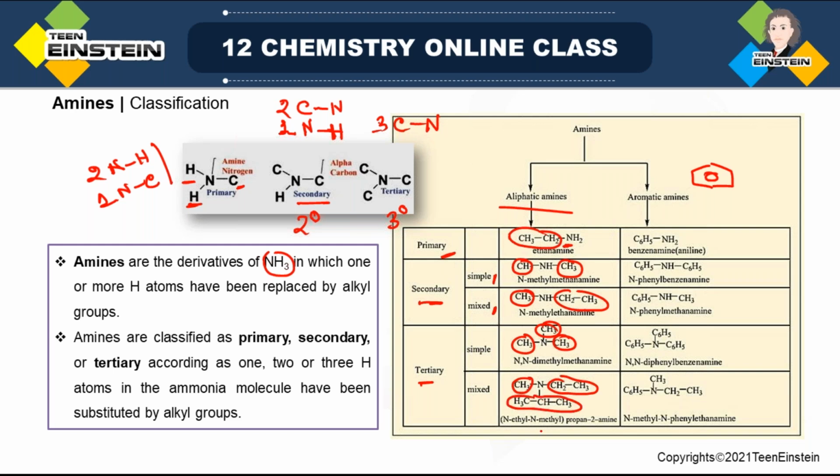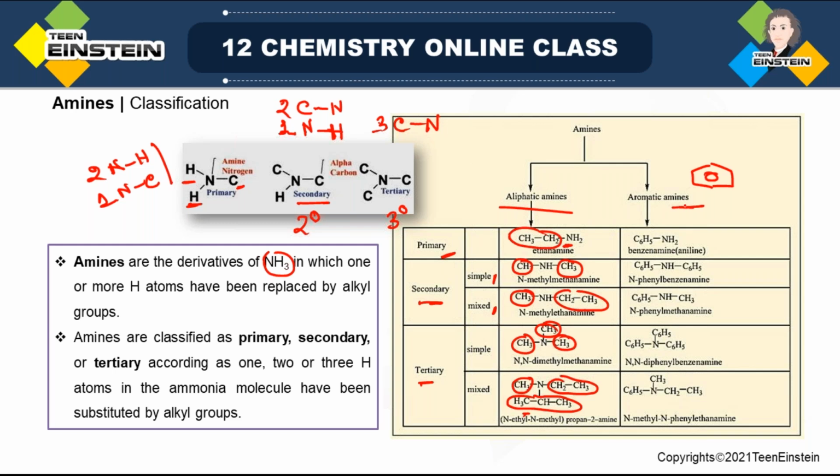But remember, this 3 carbon, don't call it propyl, it is actually isopropyl, because the middle carbon is attached with nitrogen. If a terminal carbon is attached, you can consider it as N-propyl. That is 3 carbon terminal, but it is not terminal. Middle carbon is attached, so it is isopropyl. So 3 different groups are attached.